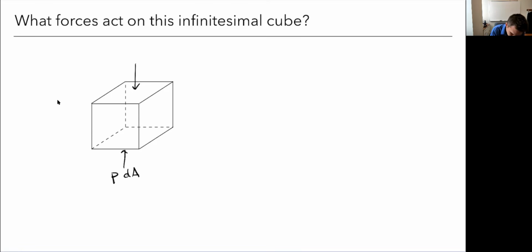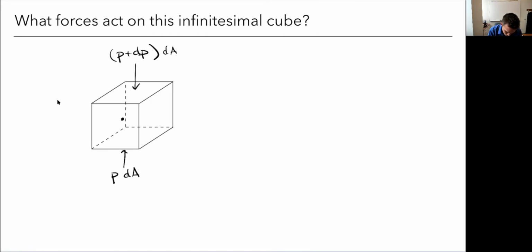So the pressure is potentially different here. So we're going to say it's pressure plus some change in pressure, and this is just a cube, so the area is the same, and pressure is always pushing in, right? We're going to assume that the pressure doesn't change at a given altitude, so on the sides of these cubes, the pressure is the same everywhere, so those will all cancel out.